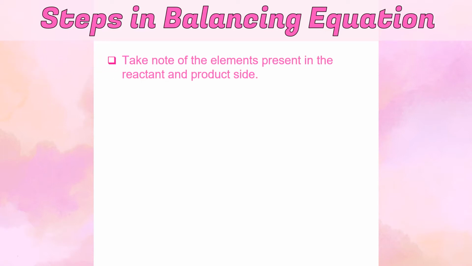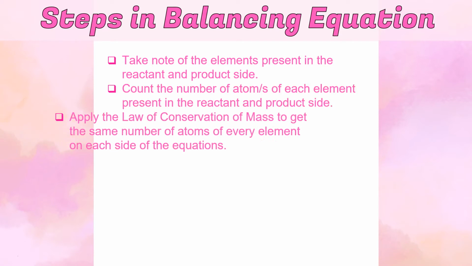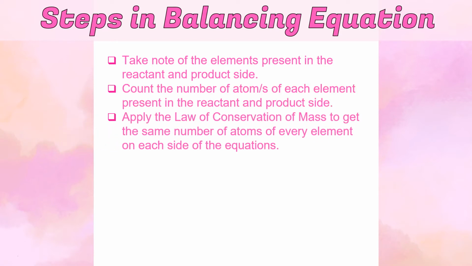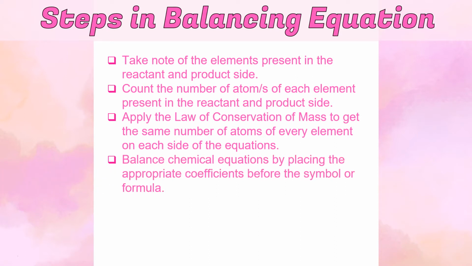Now, here are the steps that you need to consider in balancing a chemical equation. First, take note of the elements present in the reactant and product side. You need to count the number of atoms of each element present in the reactant and product side. Apply the law of conservation of mass to get the same number of atoms of every element on each side of the equation.